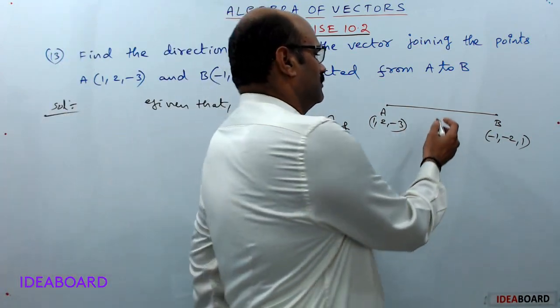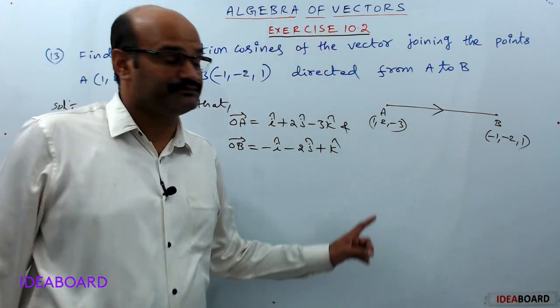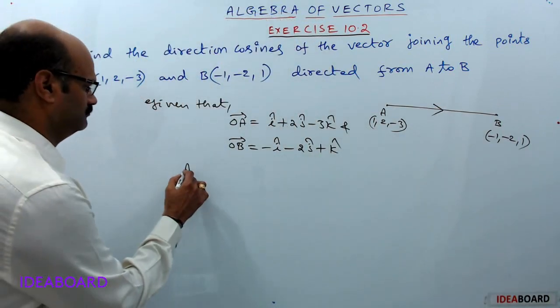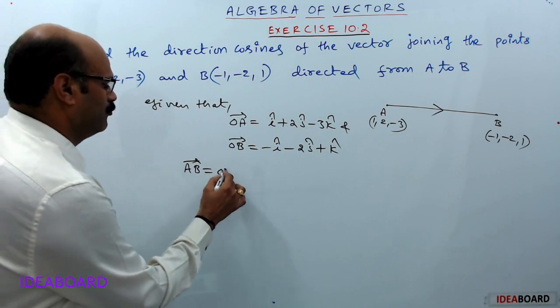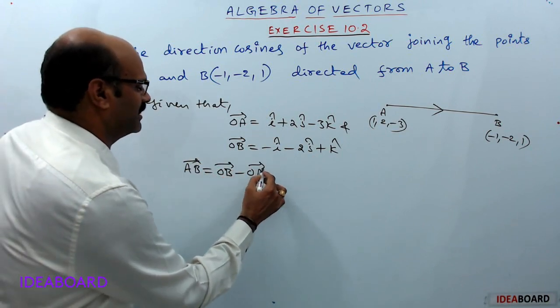We have AB vector equal to OB vector minus OA vector.